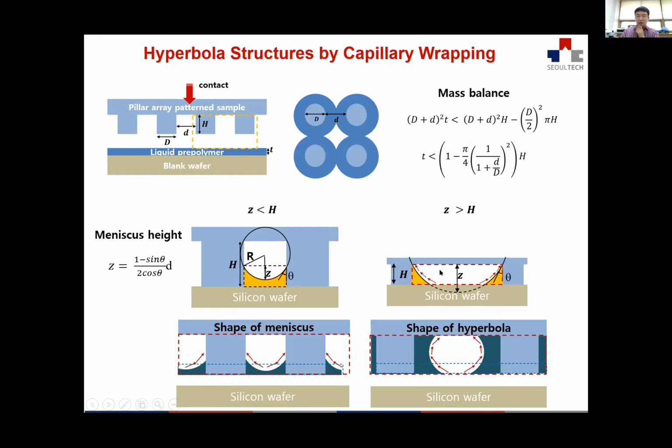Then, after the capillary wetting, we get these kinds of hyperbola structures after detaching from the silicon wafer. Those shapes can be controlled by the contact angle of the liquid on the surface, as well as the thickness of the initial prepolymer.